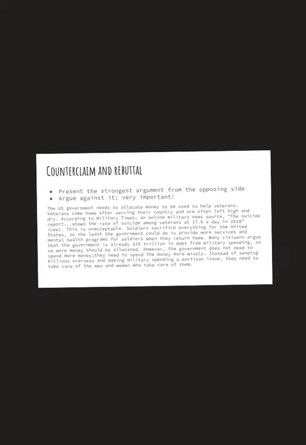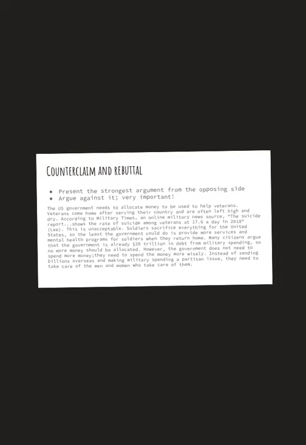Okay, so counterclaim and rebuttal. You have to present the strongest argument from the opposing side and then argue against it. This step is arguably the most important in writing because if you don't do it right, it's going to sound like you're contradicting yourself, or if you just breeze past it, then your argument's going to get way less persuasive. So I'm just going to start back at my commentary. This is unacceptable.